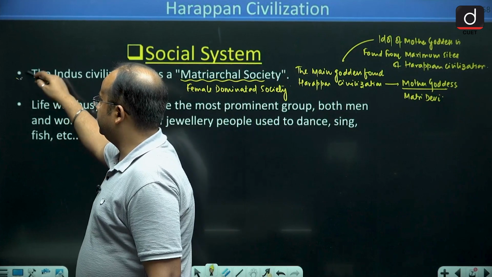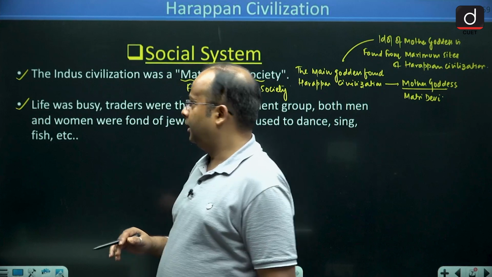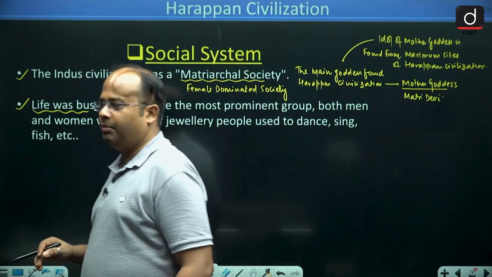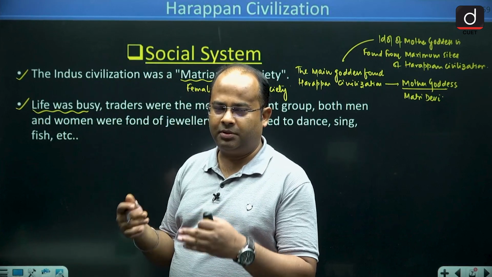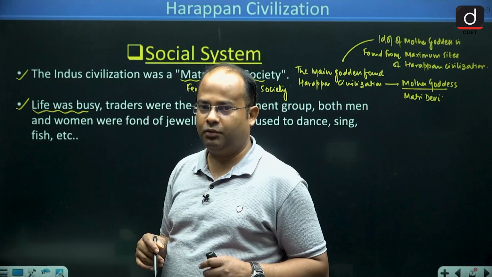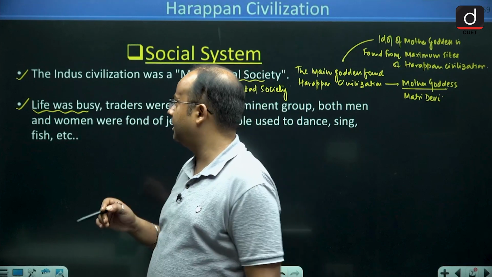Now, if you look at the lifestyle of the people, it was busy. They enjoyed a busy lifestyle because the most dominant group in society was the traders. There is no evidence of a king in the Indus Valley.